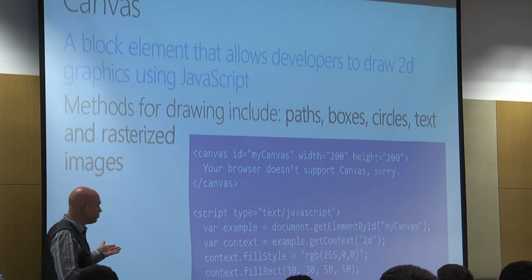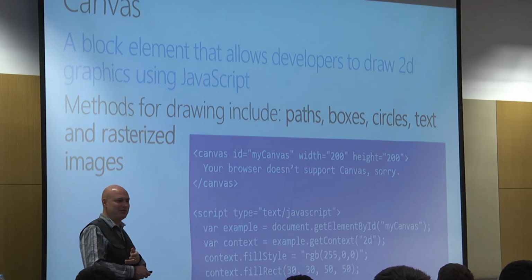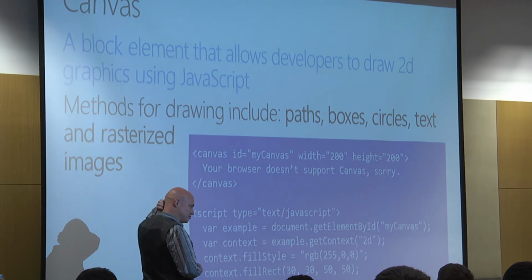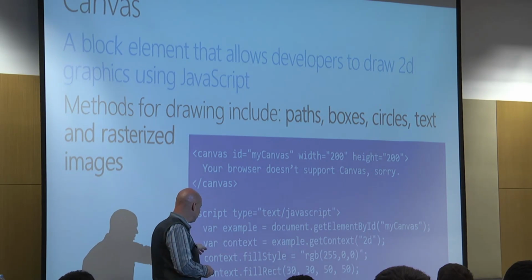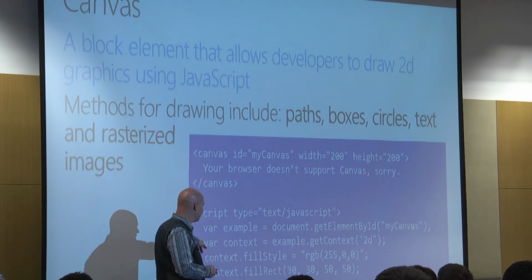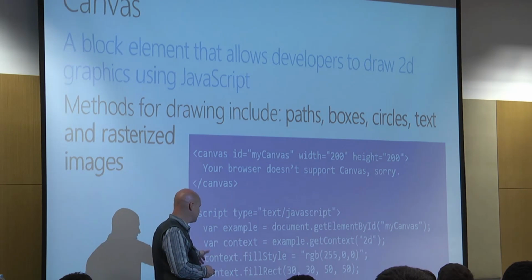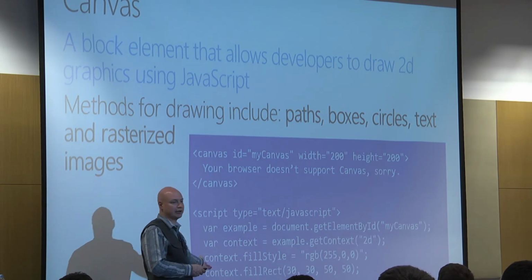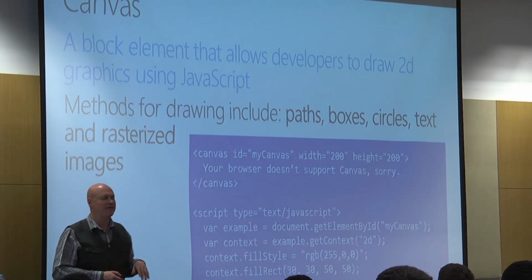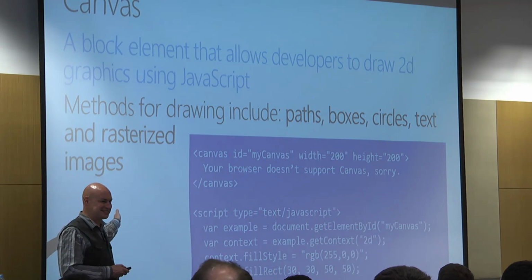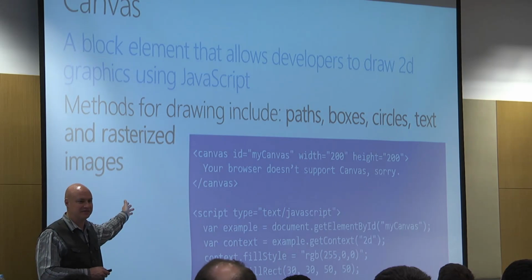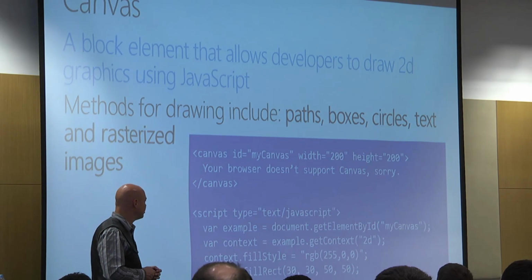Canvas, well, we already looked at that contour thing. We don't really have time to go in depth into how to use it, but it can be as simple as, you can get a drawing context, and then you can fill a rectangle and just start drawing. The important thing, everybody thinks about the canvas, and this is the slide we have for graphics, is the canvas. But SVG is also important.